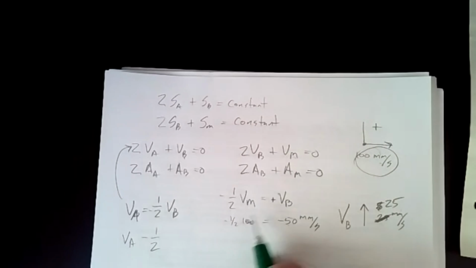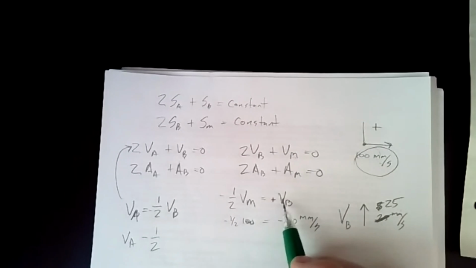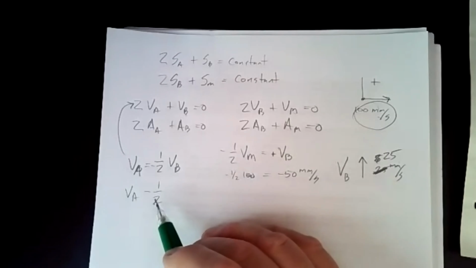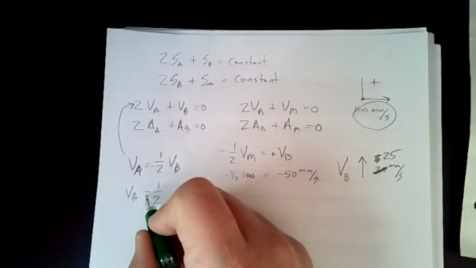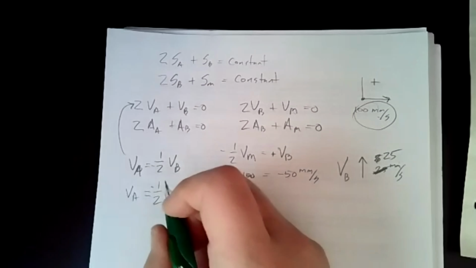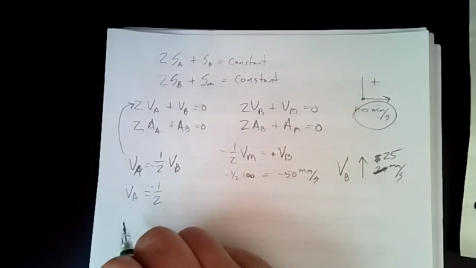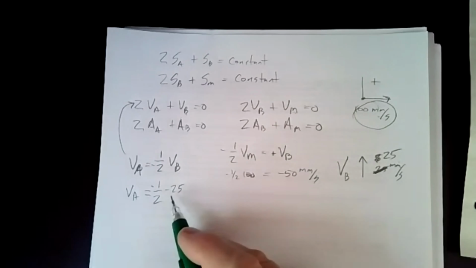So you got 1/2 of VM plus VB. We know that VM is 100, so half of that is going to be negative 50. If we plug it in here, then VA equals negative 1/2 of negative 50. That 25 is supposed to be 50 still.